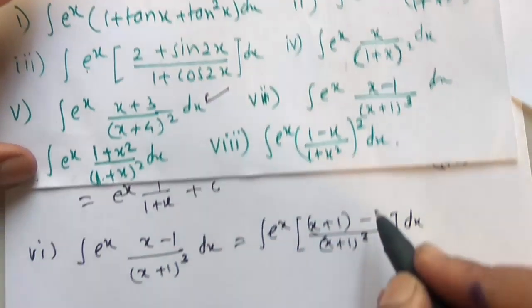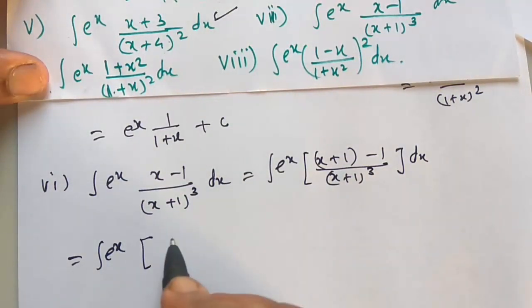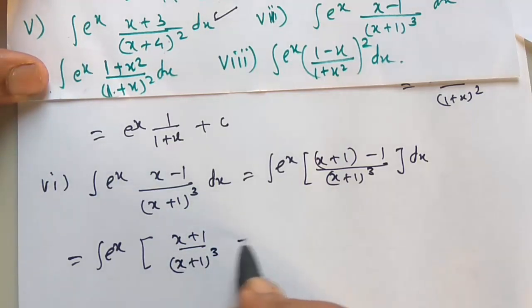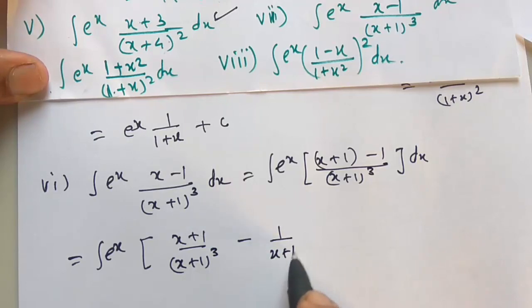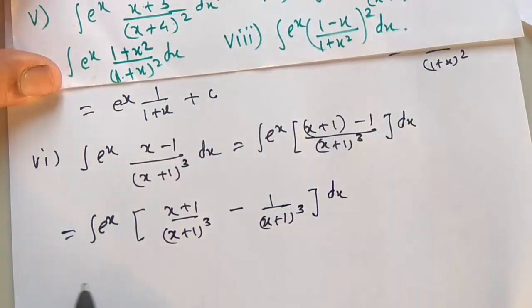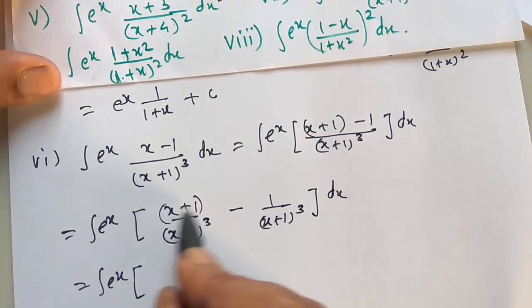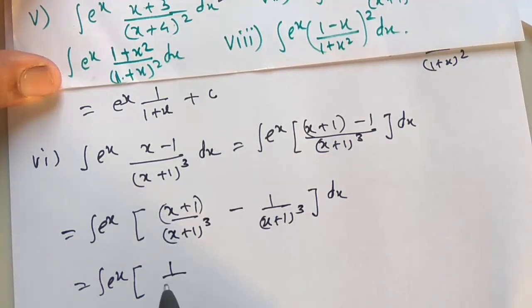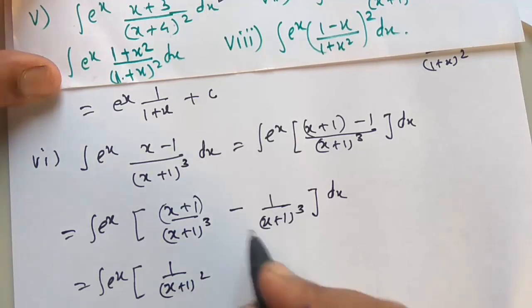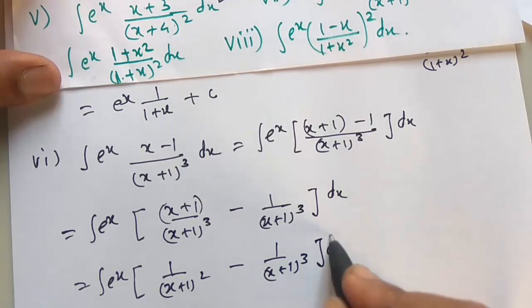Now dividing by each term, it is equal to e raised to x, (x plus 1) upon (x plus 1) raised to 3 minus 1 upon (x plus 1) raised to 3 dx. Here one factor of x plus 1 cancels, so it is 1 upon (x plus 1) whole square minus 1 upon (x plus 1) raised to 3 dx.